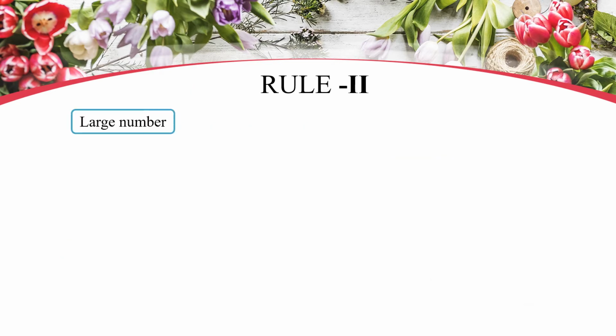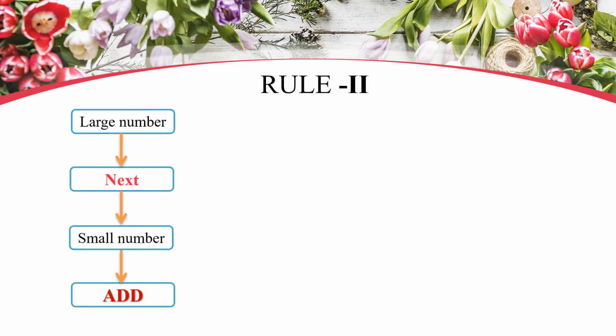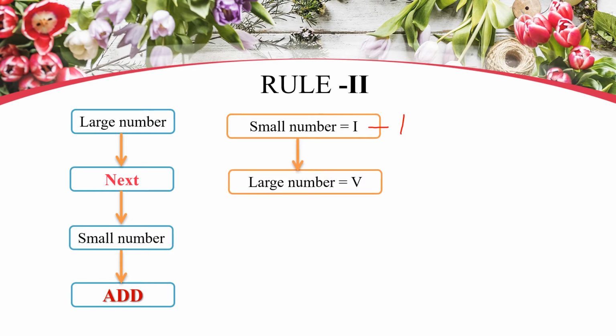Rule number 2. A larger number next to a smaller number. We need to perform the operation addition. Let us consider the smaller number to be I. The value of I is equal to 1. The larger number, the value of V, is equal to 5. So if we place VI, that is the larger number, then the smaller number, therefore VI is 5 plus 1 equal to 6.